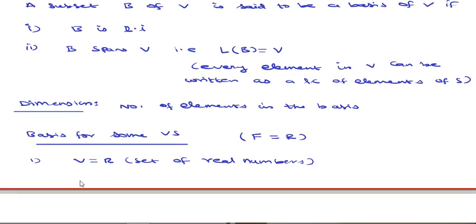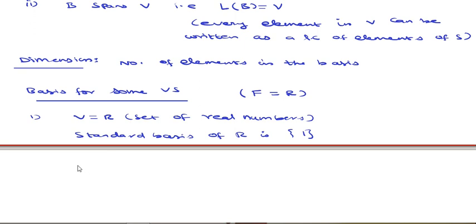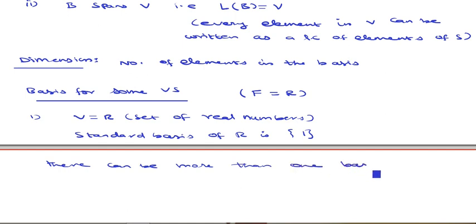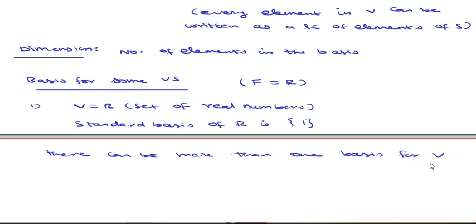Now let us write the basis. For every vector space we have a standard basis. The standard basis of R is the singleton {1}. There can be more than one basis for a vector space.